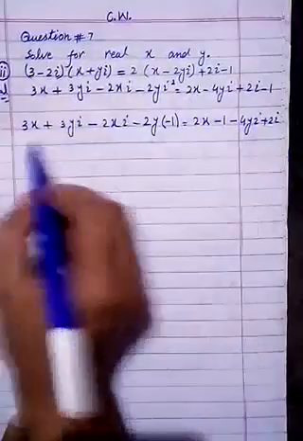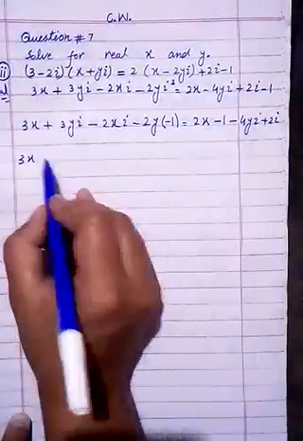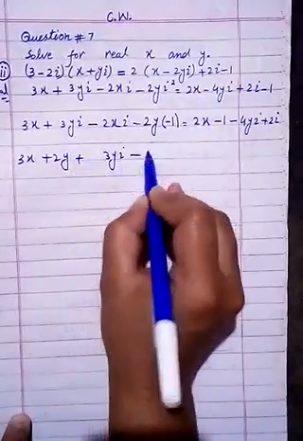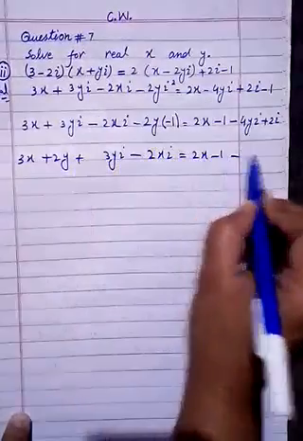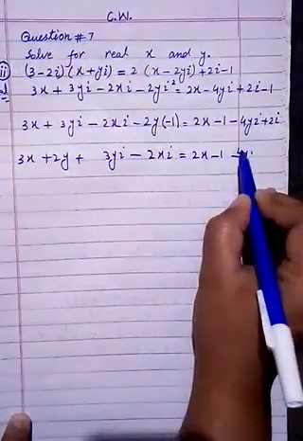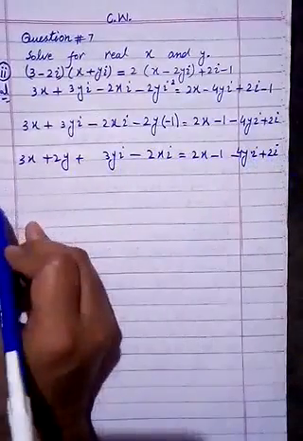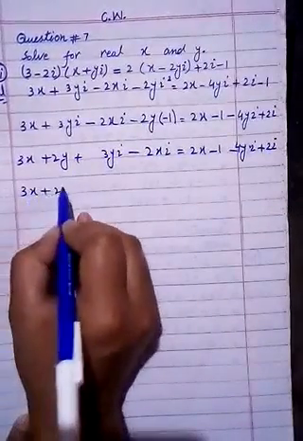Now 3x plus 3y iota minus 2x iota minus 2y, and put the value of iota square, minus 1. Now 2x minus 1, combine the real part and combine the imaginary part. Now here it becomes 3x plus 2y. Now 3y iota minus 2x iota equals 2x minus 1 minus 4y iota plus 2 iota. Now 3x plus 2y is the real part.